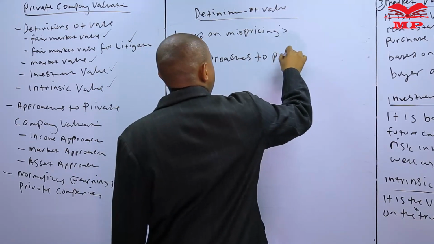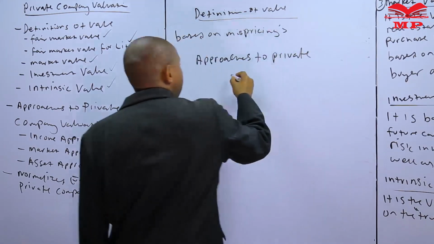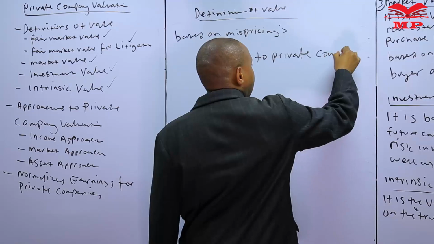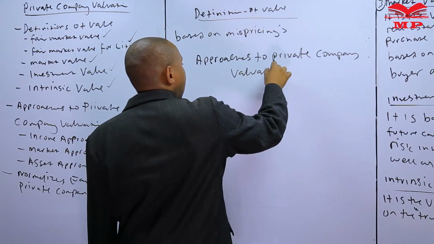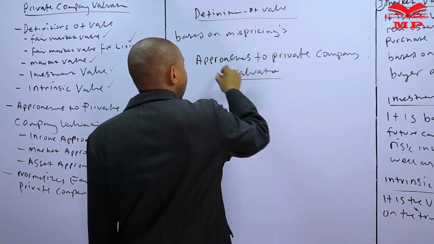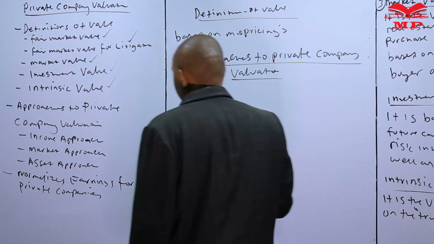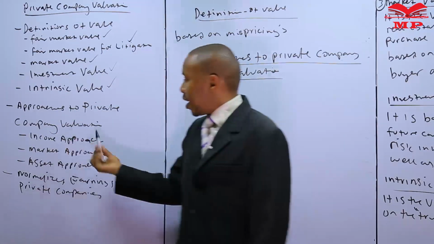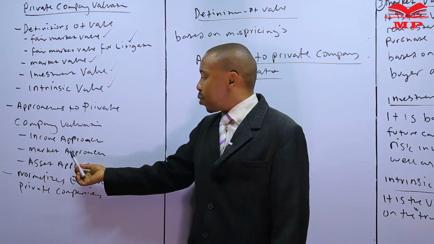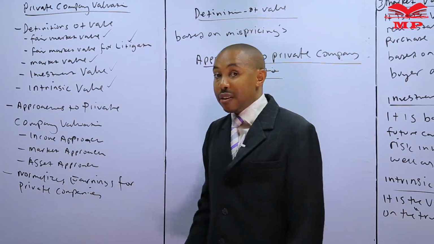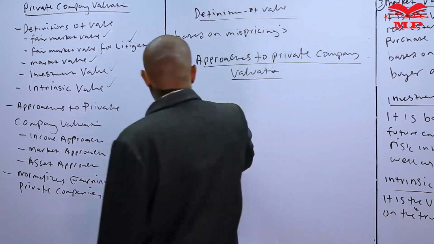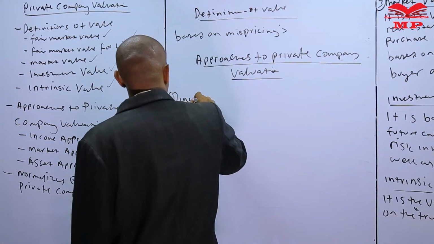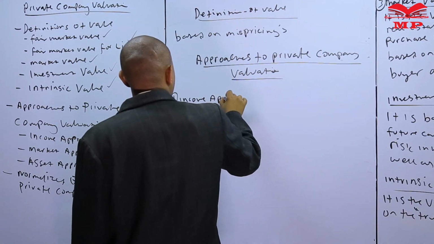We have mentioned that we will look at the income approach, the market-based approach, and the asset-based approach of private company valuation. So let's start off by looking at number 1, the income approach.